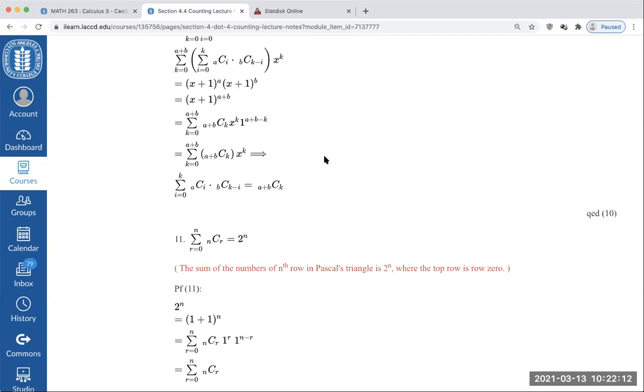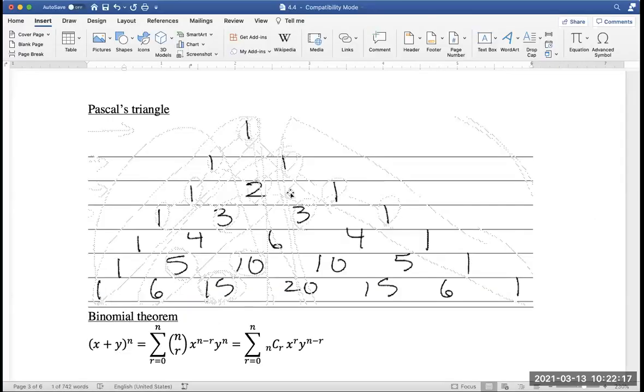So if I look here, if I take this sum, well, 1 is 2 to the 0. 1 plus 1 is 2, 2 to the 1. 1 plus 2 plus 1, 2 squared is 4. 2 cubed, well, 4 plus 4 is 8. 2 to the 4th, 16. 15, 16, yes. So if you keep adding up each of these, you just get 2 to the power of that row.